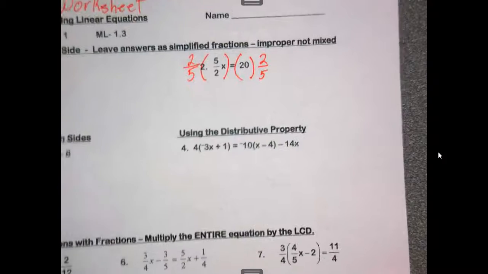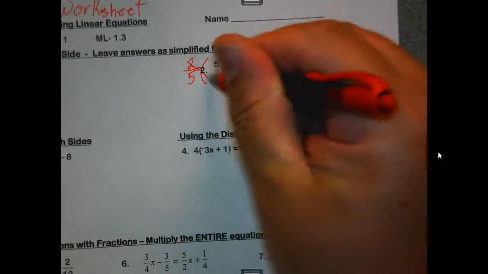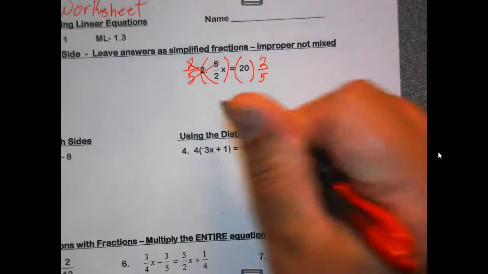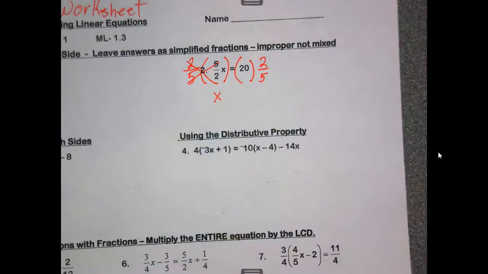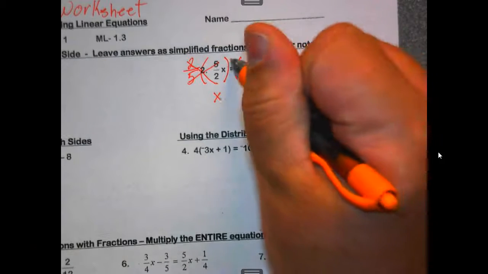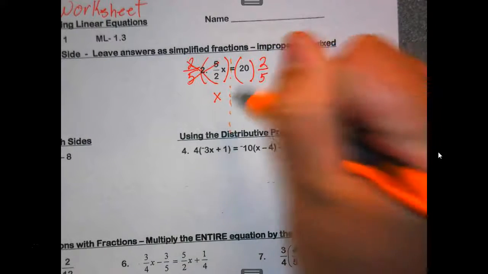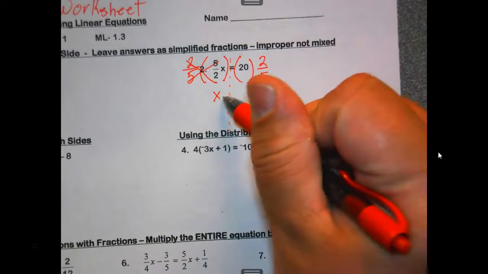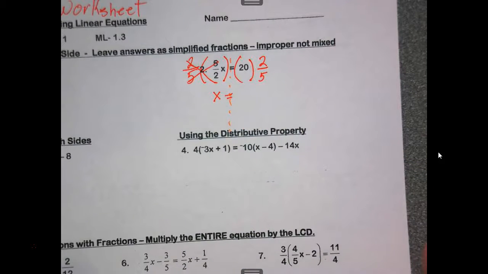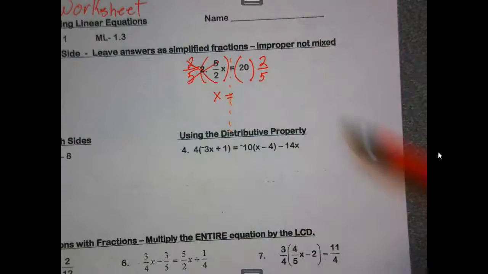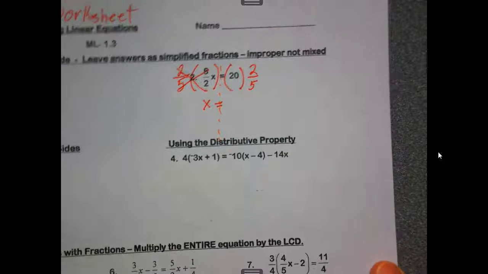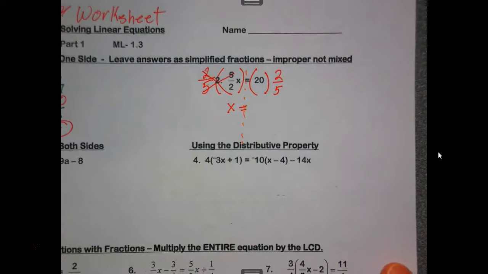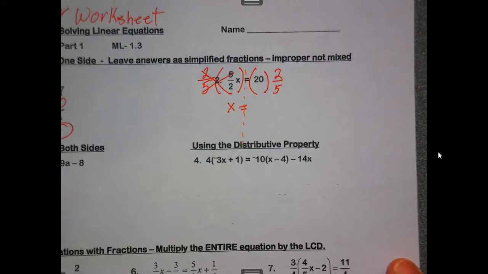Okay, when you multiply by the reciprocal, everything turns to 1. 1 times x is just x, right? You multiply by 2 and divide by 5. That's what 2/5 is. Multiply by 2, divide by 5.